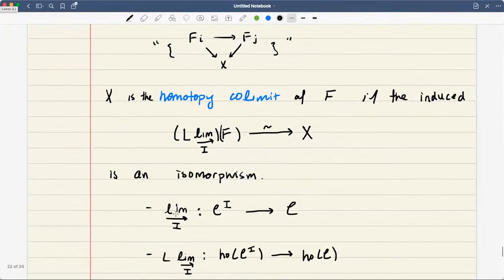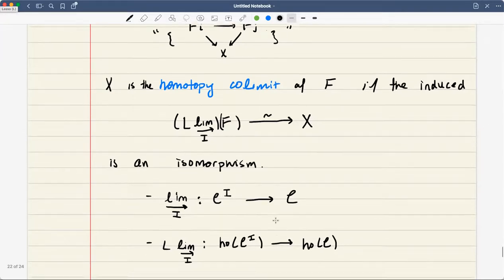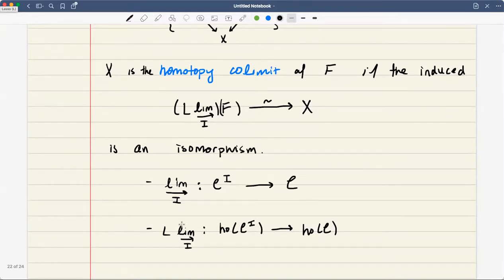So what is this colimit functor? It takes a functor from I to C, and it spits out an object in C. The total derived functor descends this to the level of the homotopy categories.